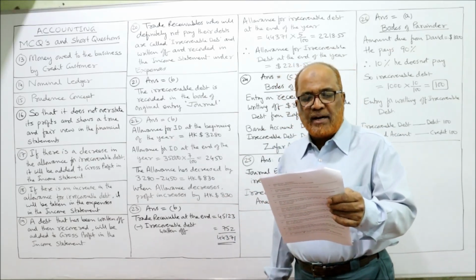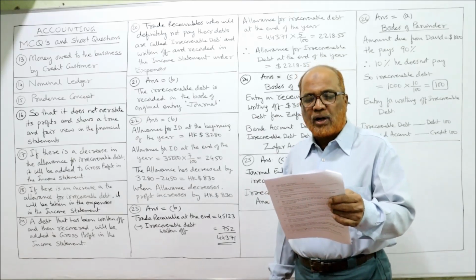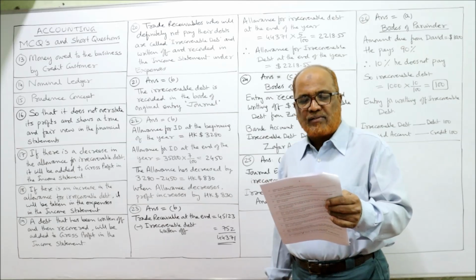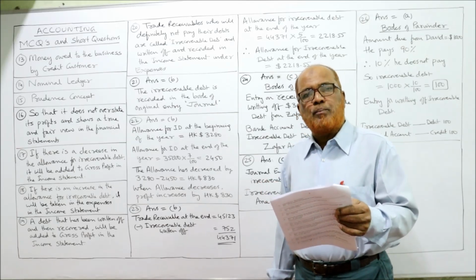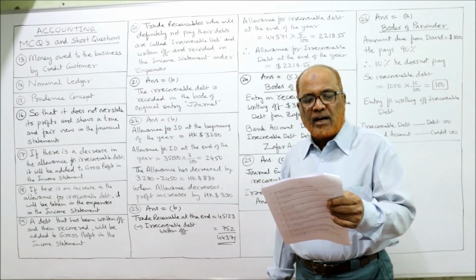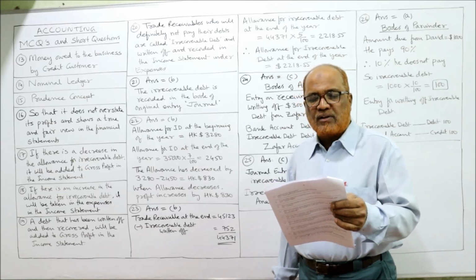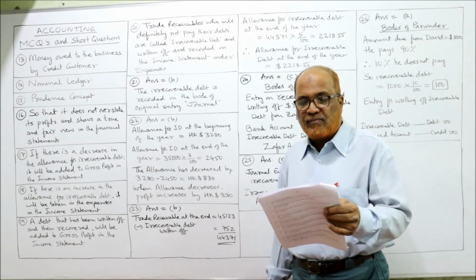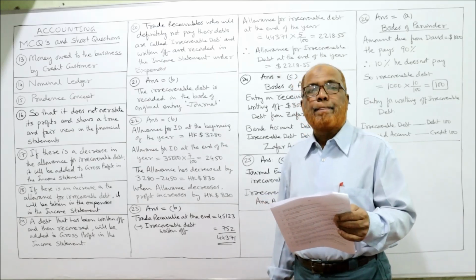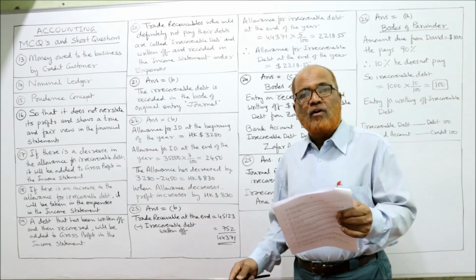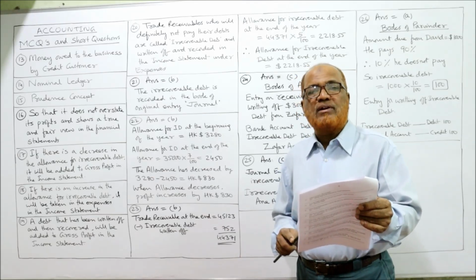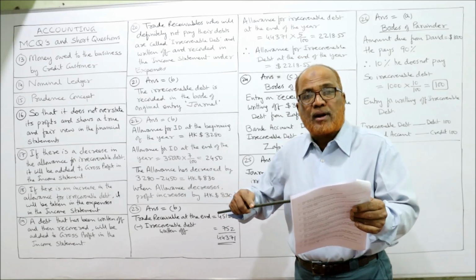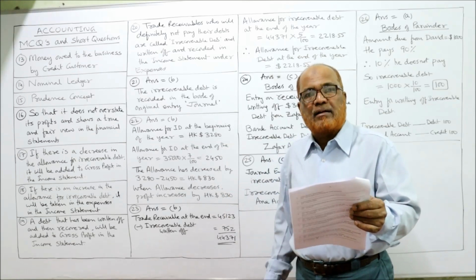Now 23rd, again an MCQ. A business has made a gross profit of 3,45,218 and a profit for the year of 23,987. Trade receivables amounted to 45,123 before irrecoverable debt of 752 has been written off. That means at the end of the year the trade receivables are 45,123, but this is before writing off the irrecoverable debt.